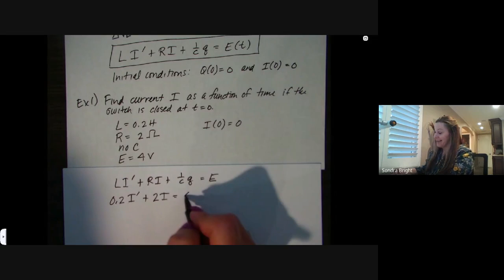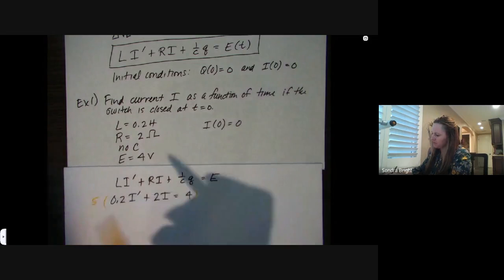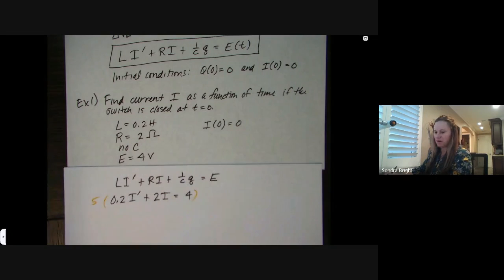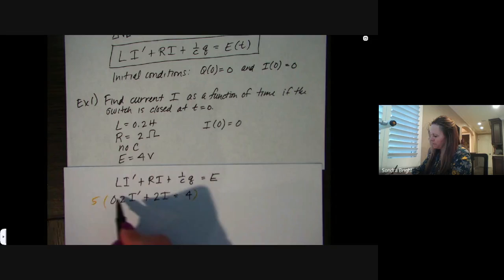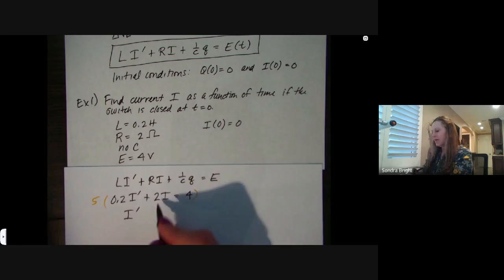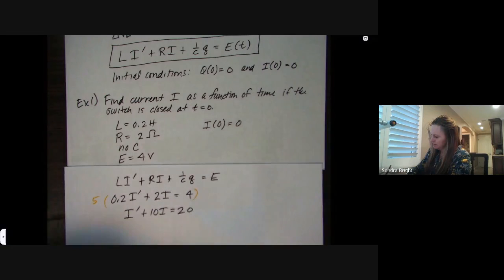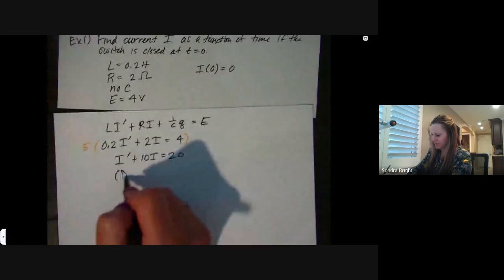I'm going to get rid of this fraction by multiplying both sides of the equation by 5. This makes my life easier, plus I really want to have no coefficient on I prime. That gets me I prime plus 10I is equal to 20. This is a differential equation that you know how to solve. This is D plus 10 acting on I is equal to 20.